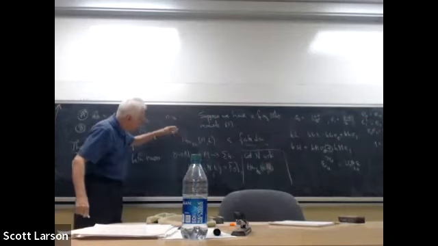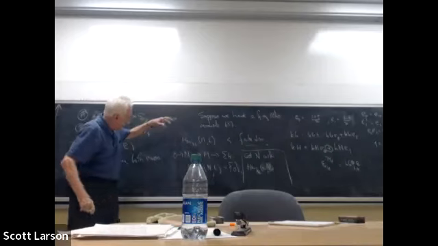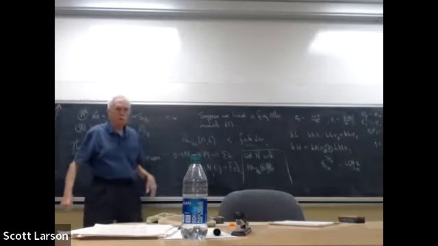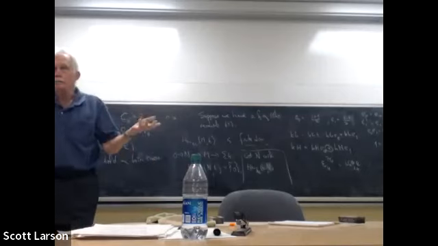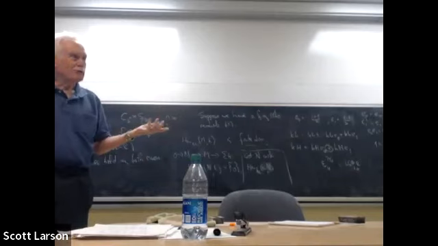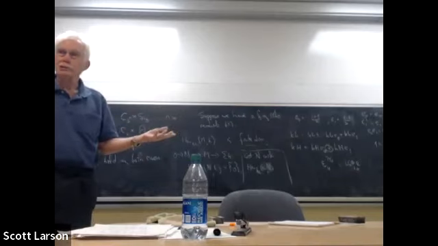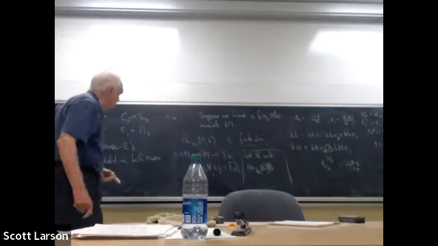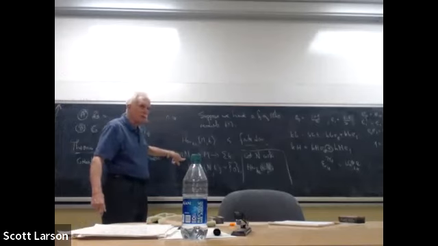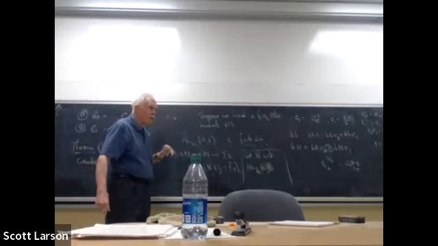Now each time I have taken a submodule with a finite dimensional quotient. So that's fine. I haven't changed the category. If I can prove that N is in the category generated by these modules, then I prove that M is.